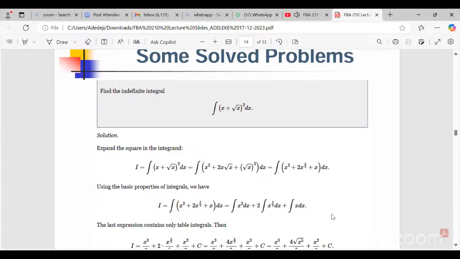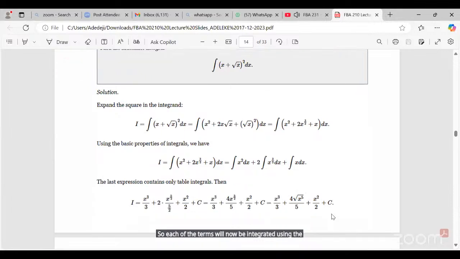Each of the terms will now be integrated using the basic method of integration, and then you have your result. Again, we add the arbitrary constant c because we are currently executing an indefinite integral.